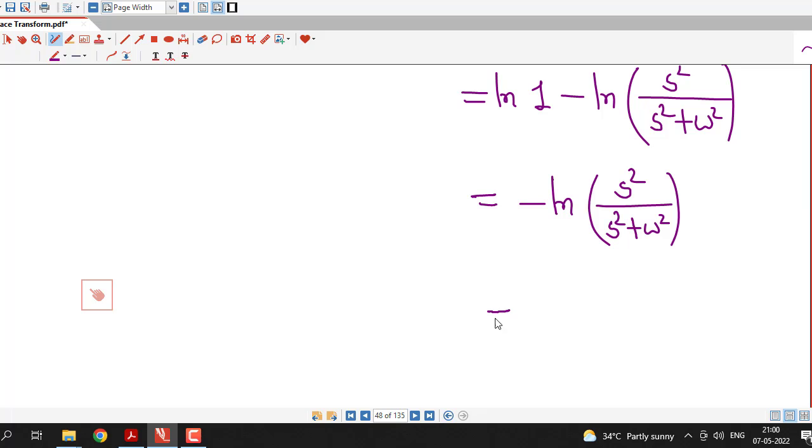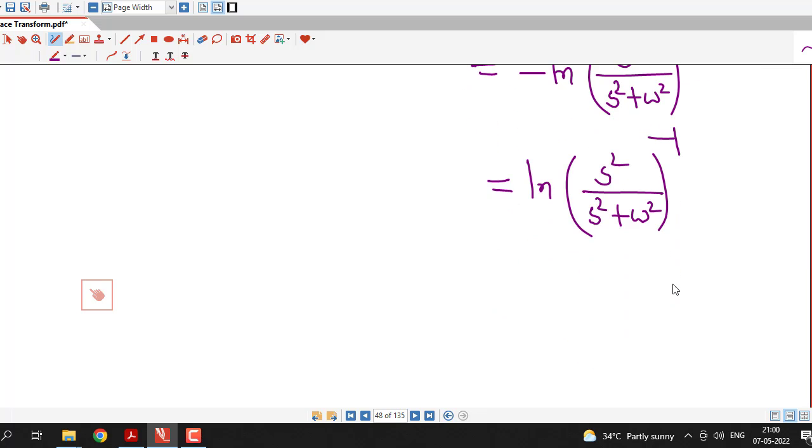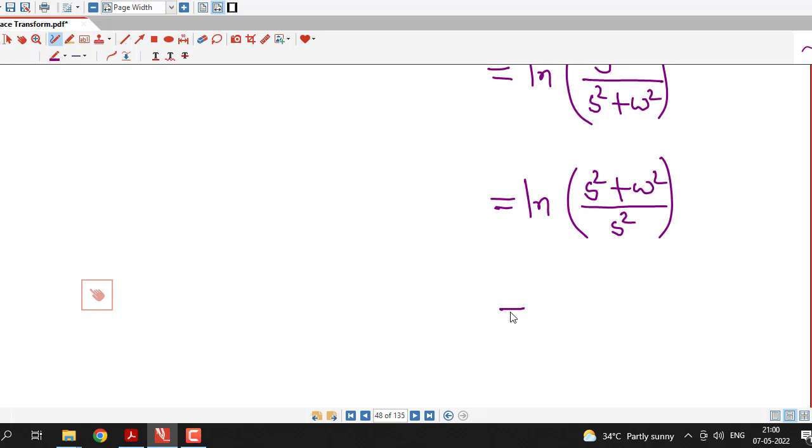Using the property of logarithm, I can take this minus 1 in the power of s square divided by s square plus omega square, and because we have a negative power, we get s square plus omega square divided by s square, and again we can rewrite this as log of 1 plus omega square divided by s square.